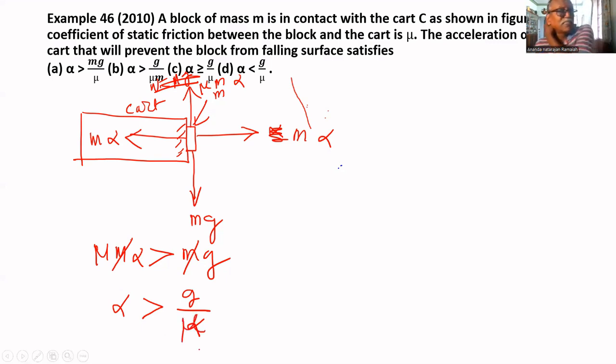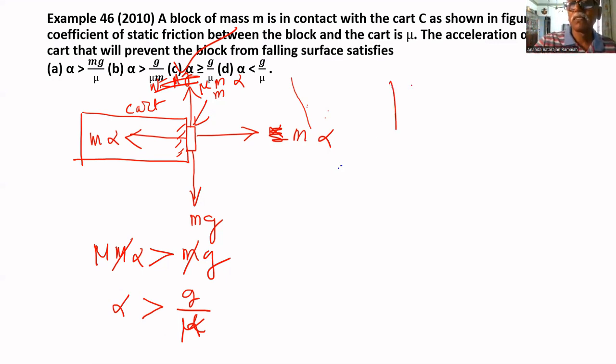Alpha should be greater than g divided by mu. Therefore, C is the answer. I hope you got it.